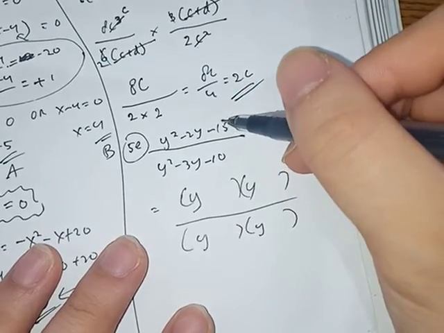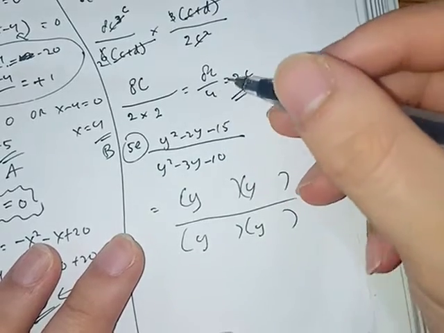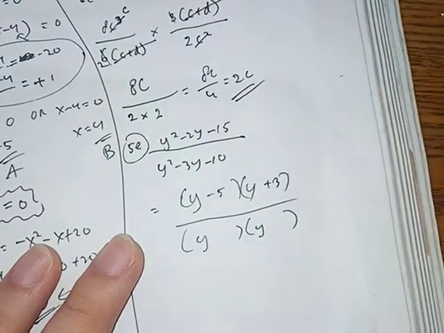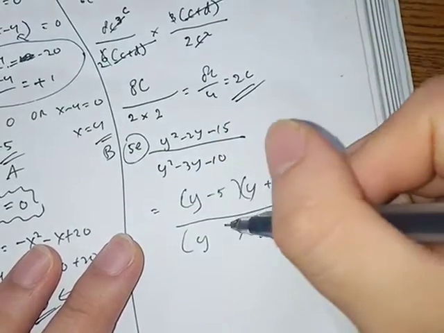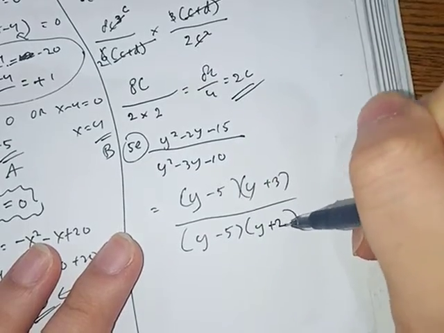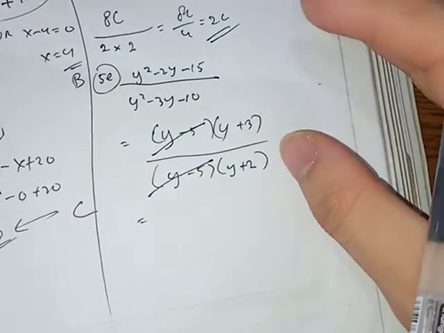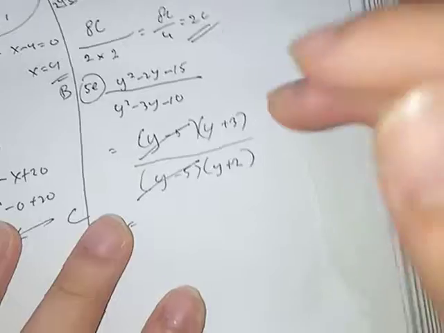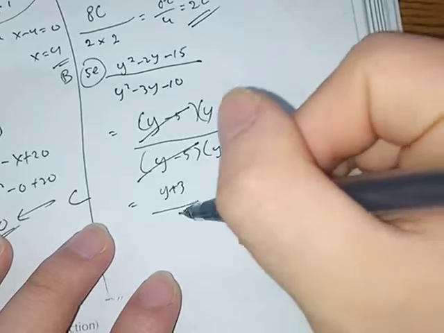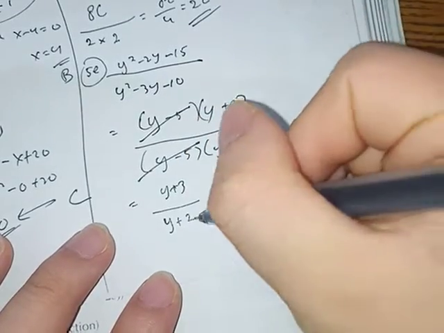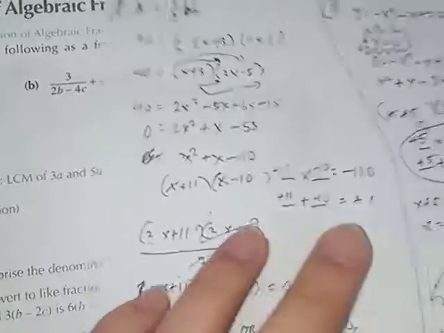I'll just tell you that again we need to find what times what equals negative 15, what plus what equals negative 2. It is negative 5 and positive 3. What times what equals negative 10, what plus what equals negative 3. Negative 5 and positive 2. And after you are done factorizing it correctly, you can always eliminate something, cancel out something, so that the expression can be much simpler. This is the answer.